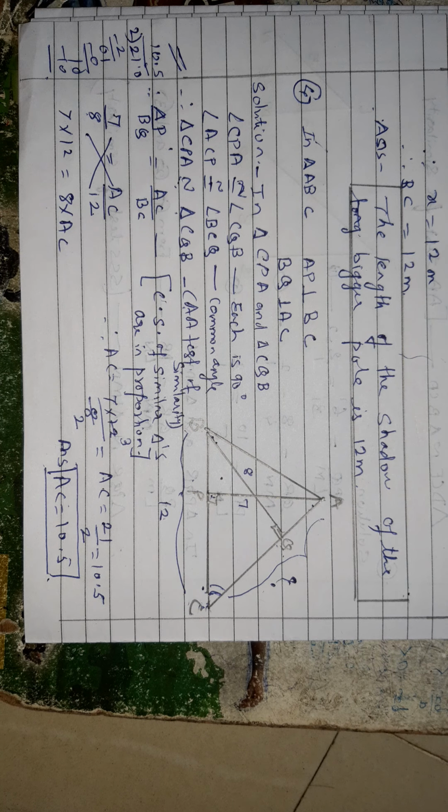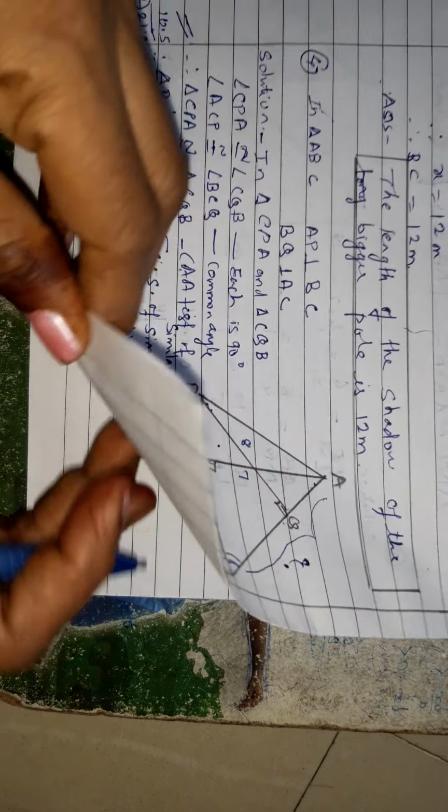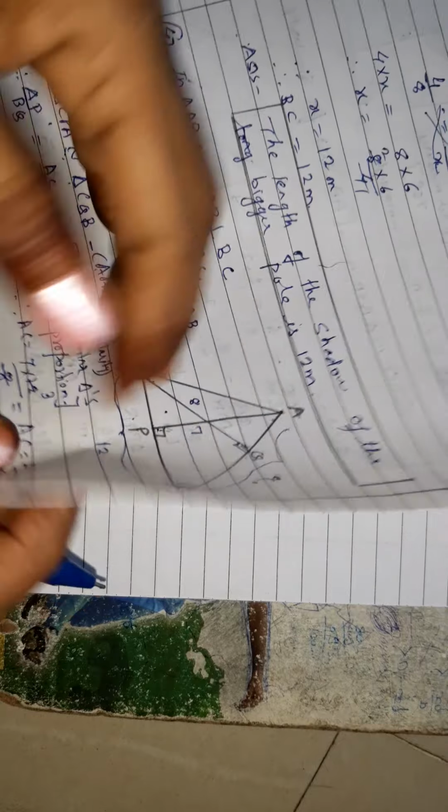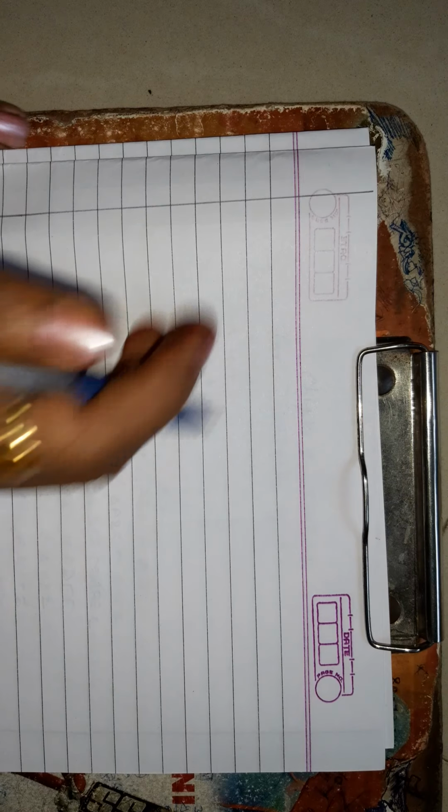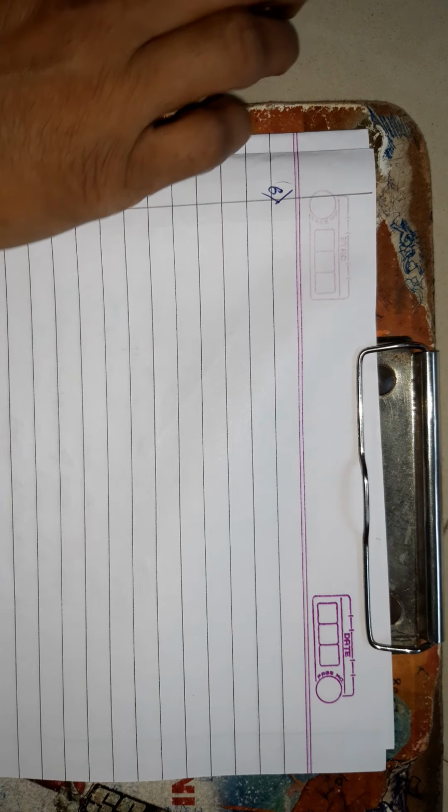Next we will do sum number 6. Fifth sum I will take afterwards separately. It is a little bit big sum. So after the fifth, sum number 6.